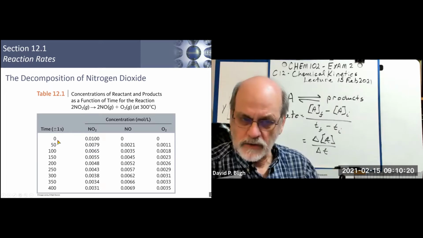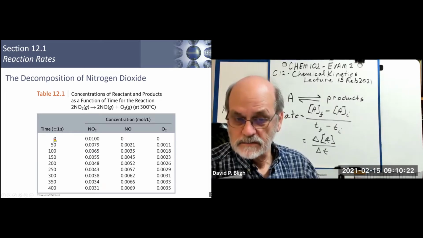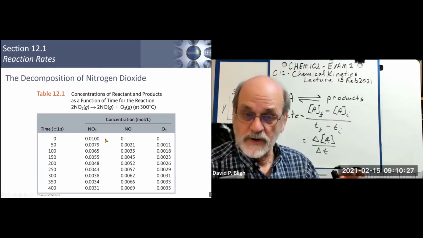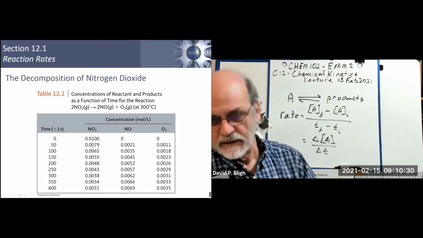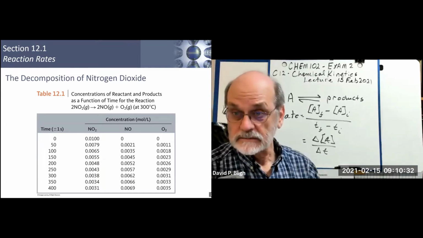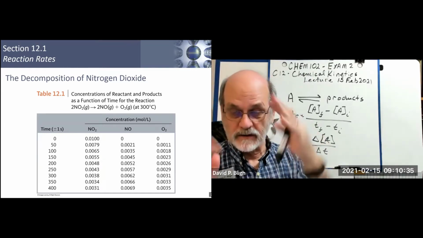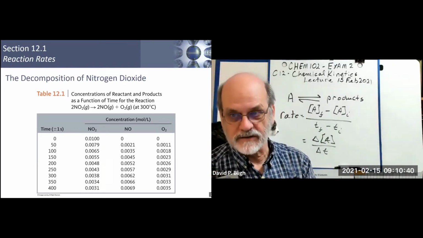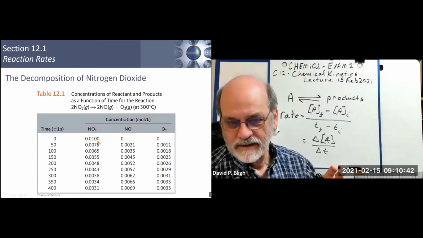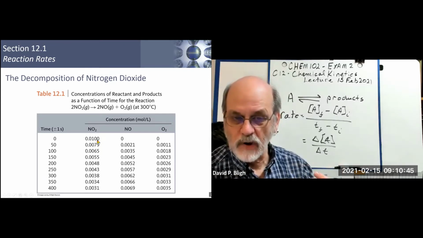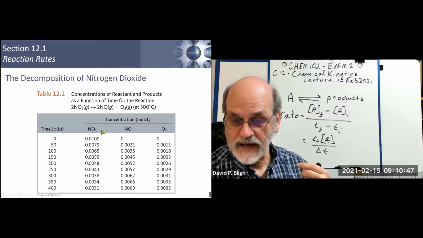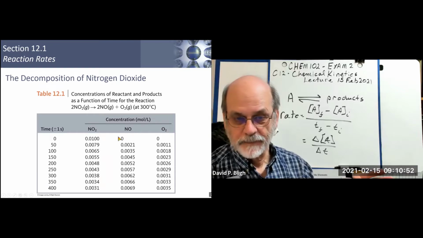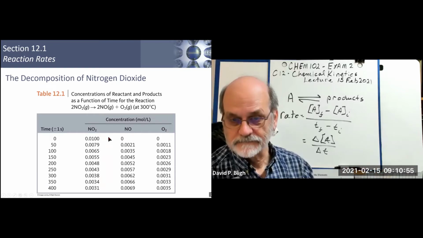So in the beginning, you'll notice at time 0, the concentration of nitrogen dioxide is 0.01 molar, which is reasonable, right? If it's so many moles per liter, gas is pretty thin. So in a liter, you don't have much. But we're starting off with 0.01 molar nitrogen dioxide, and there's no nitrogen monoxide and no oxygen because the reaction hadn't started yet.